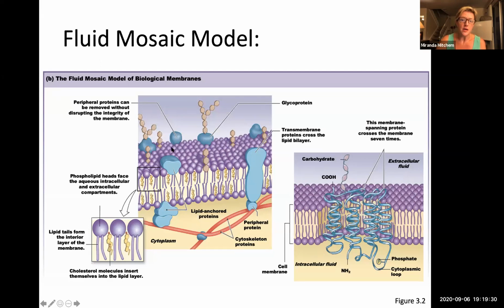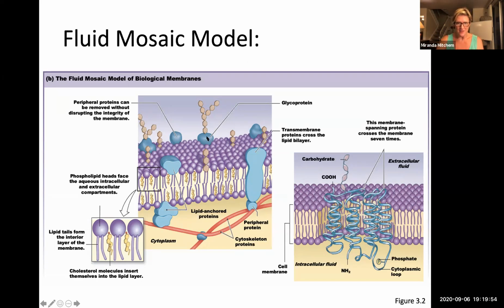There are other proteins that are present only in certain portions of the cell membrane. So we have these lipid anchored proteins that are anchored within that hydrophobic region of the cell.